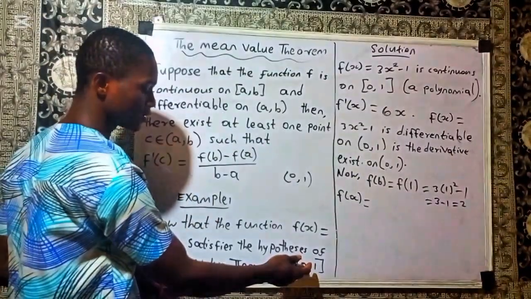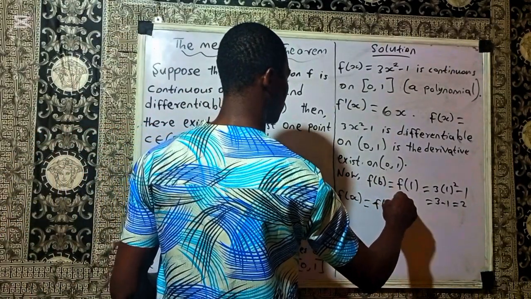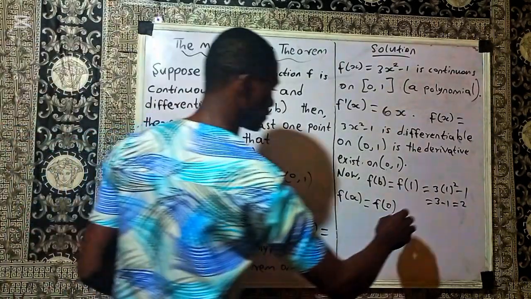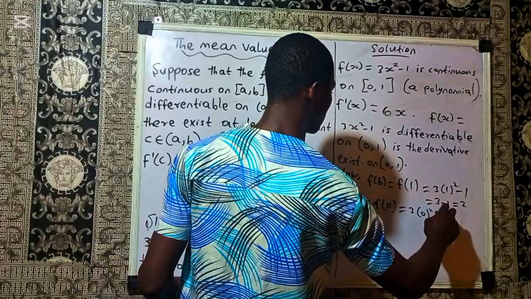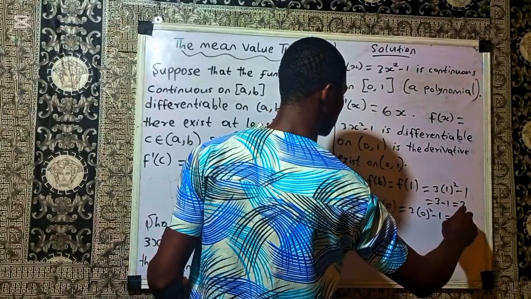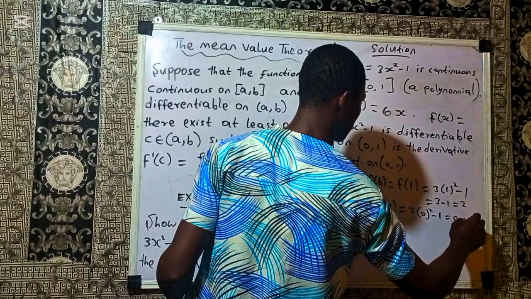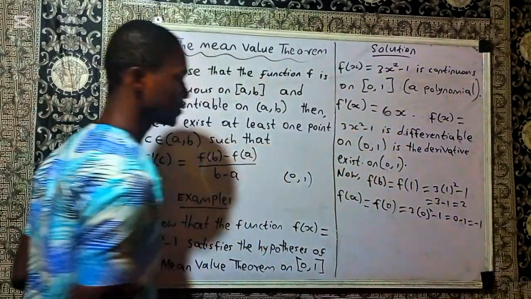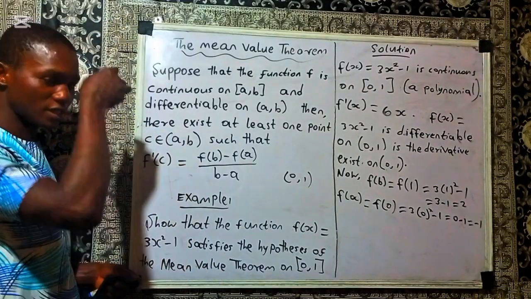What is the first point in this closed and bounded interval? 0. So f at a is written as f at 0, and you replace x with 0. So you have 3 times 0 squared minus 1, and this is 0 minus 1, which is negative 1.